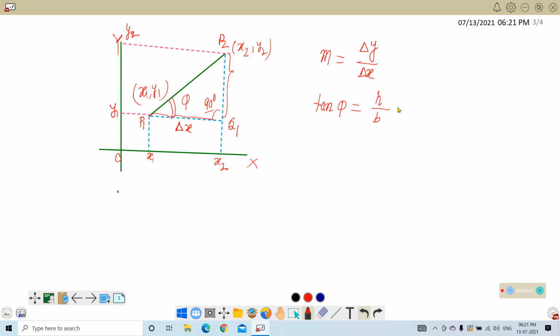So height by base is equal to delta y by delta x. So tan phi is equal to m, is equal to slope. So this is another idea regarding straight line.